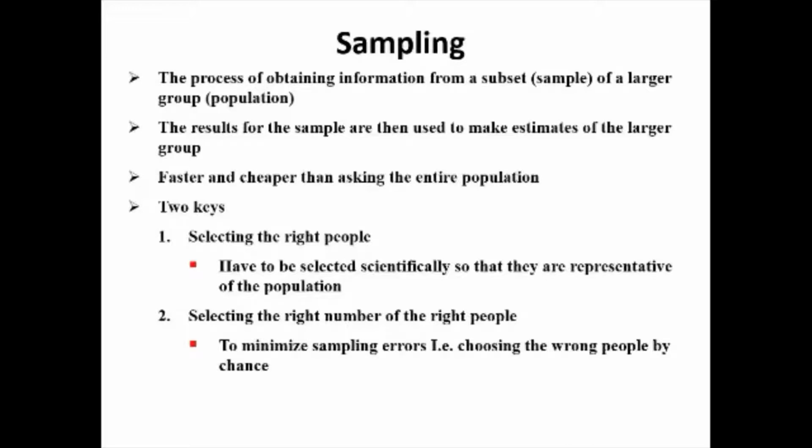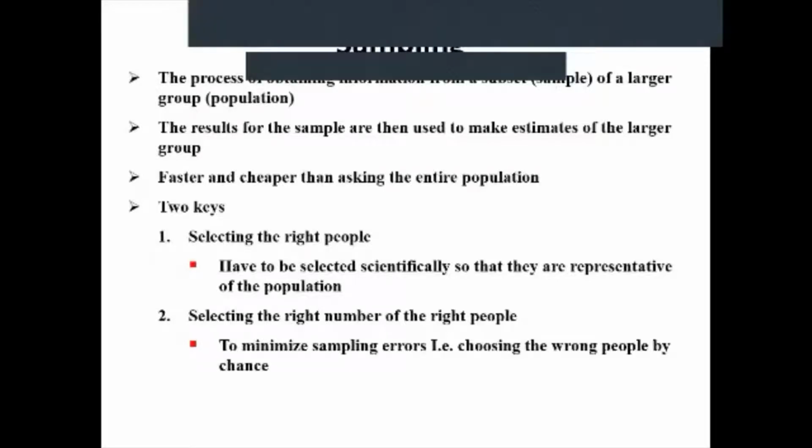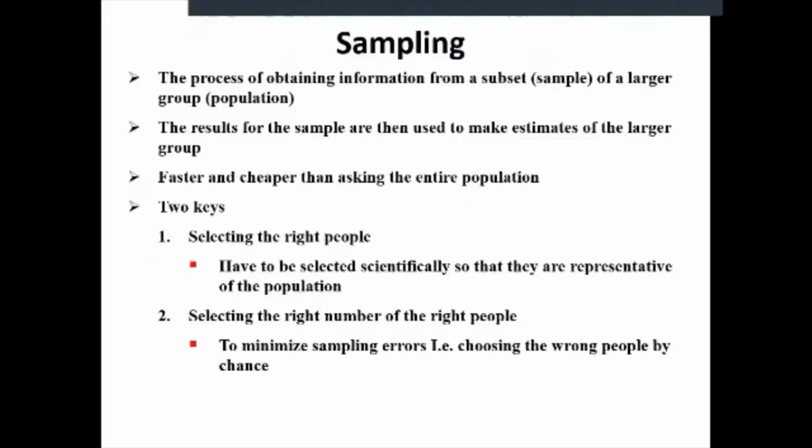The first one is how to select the right people. Right people means how to select them scientifically so that they are representative of the population. Right people are those people who correctly represent your population. For example, your research topic is online consumer behavior towards a particular product.